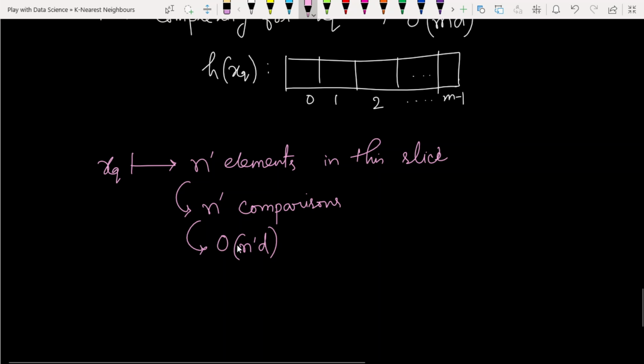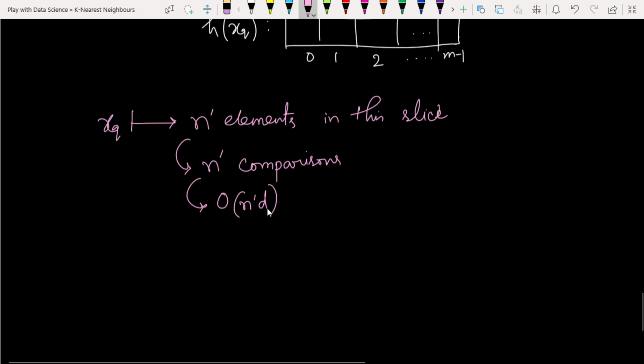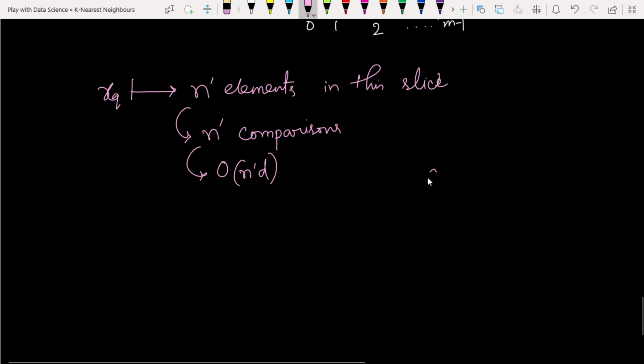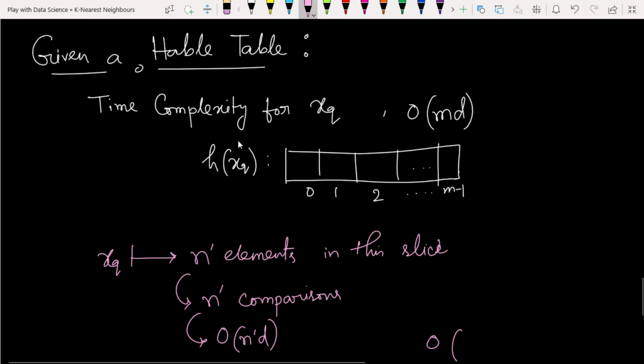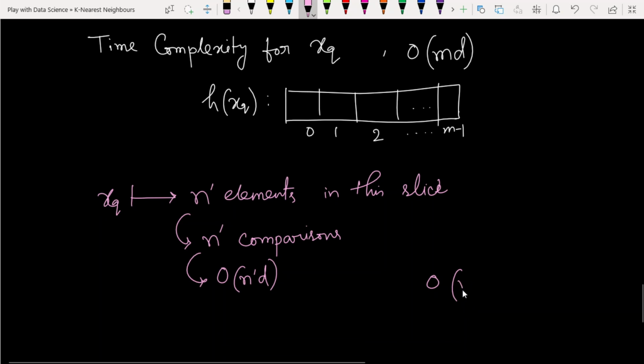Now, what is the total time for a query point? The total time complexity for finding the hash value requires order of md time, plus for deciding its output level we require n dash d time.